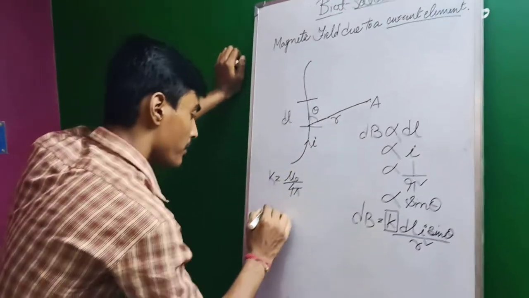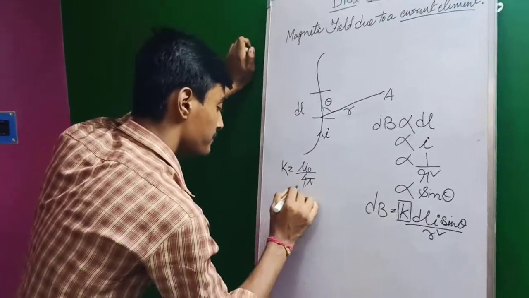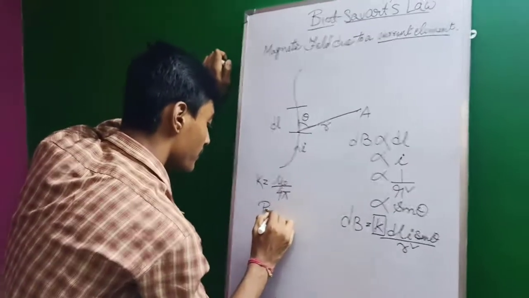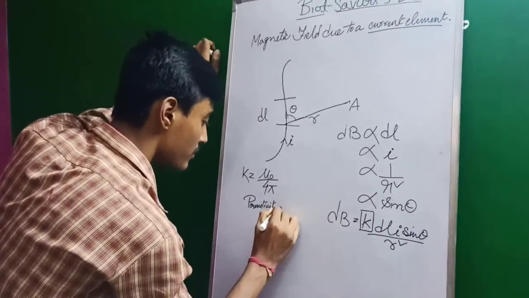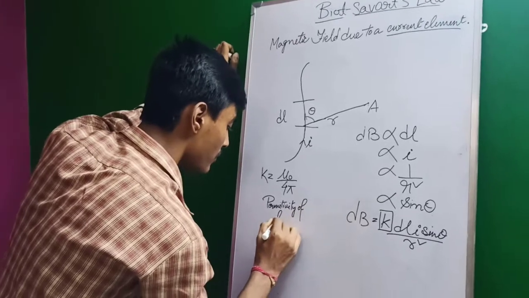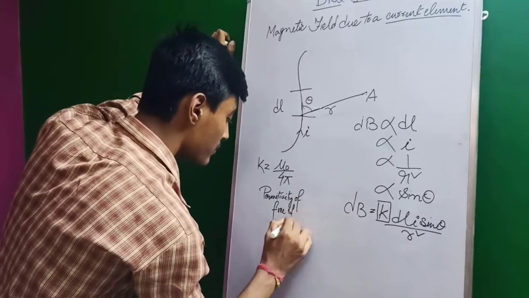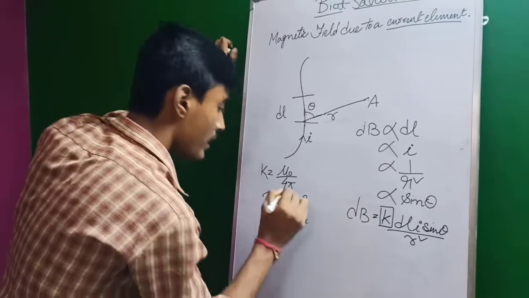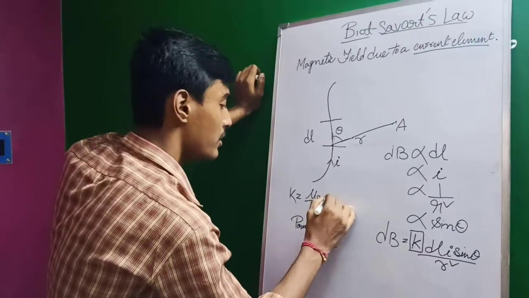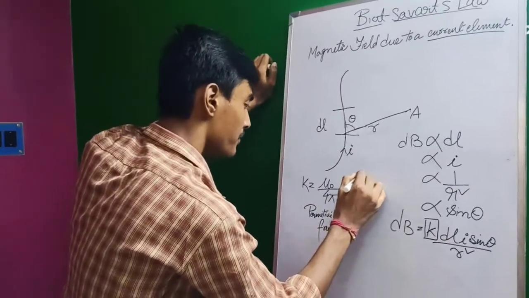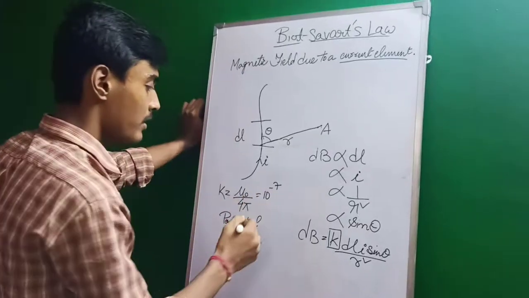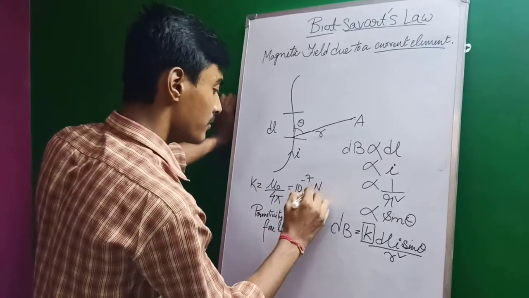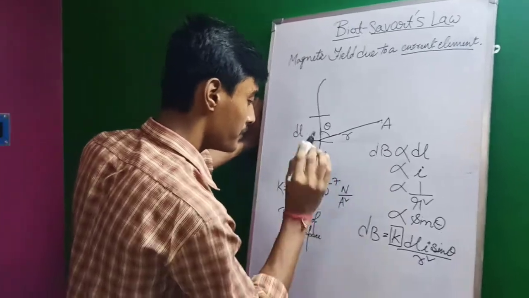What is mu naught? Permeability of free space. It has a standard value of 10 to the power minus 7 Newton per ampere square.